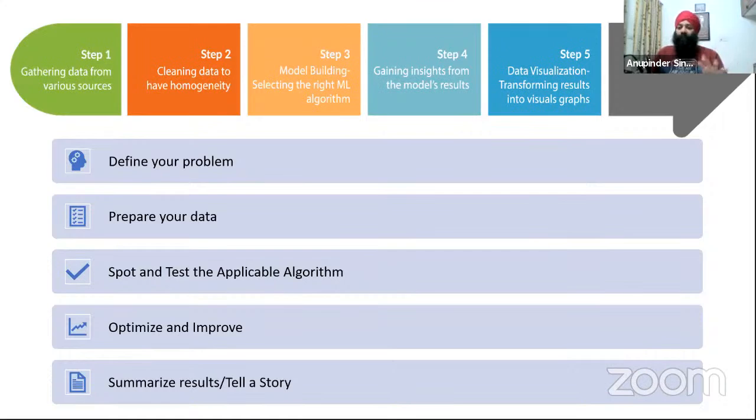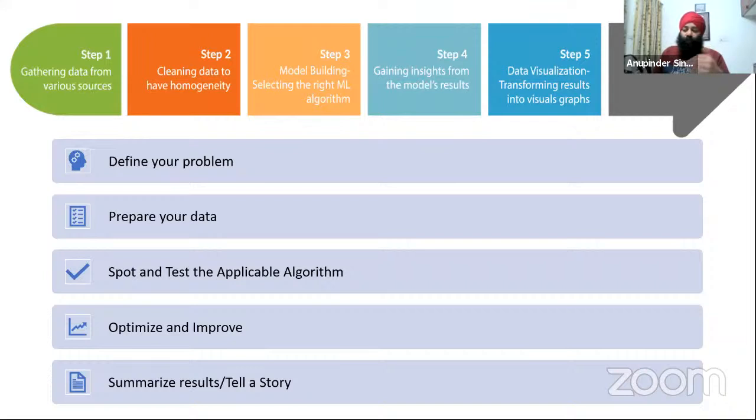If the apple is red, it is an apple. If the apple is yellow, it is an apple. But for a machine learning algorithm, you have to have plenty of data for all these categories, so that the machine learning program should be able to identify all those three instances as a single entity, that is apple, right? So here, gathering data from the various sources is very, very important.